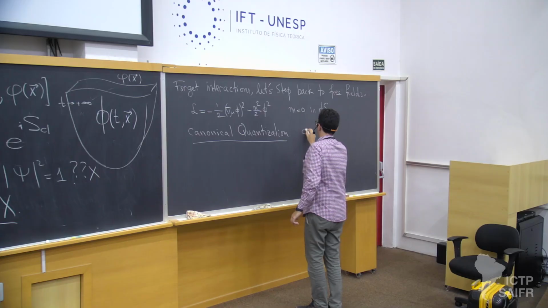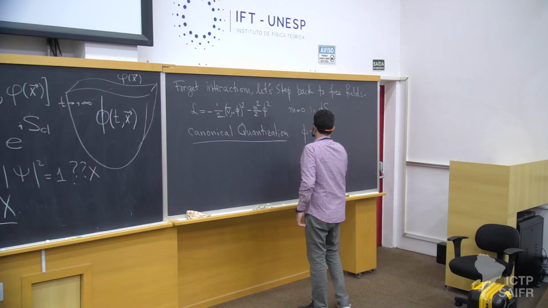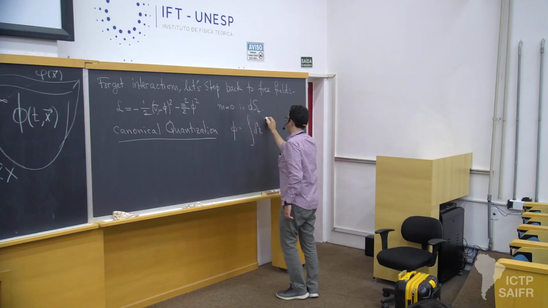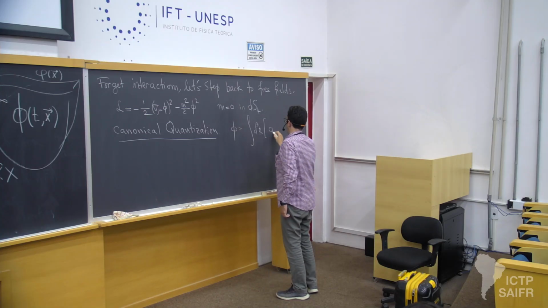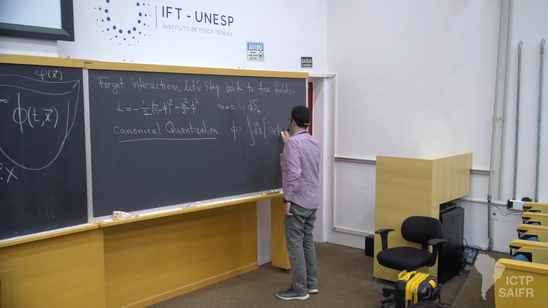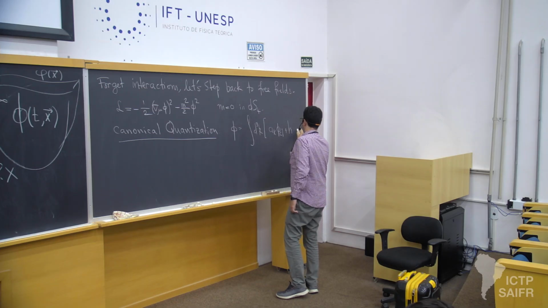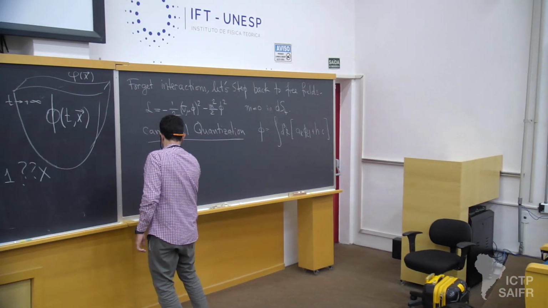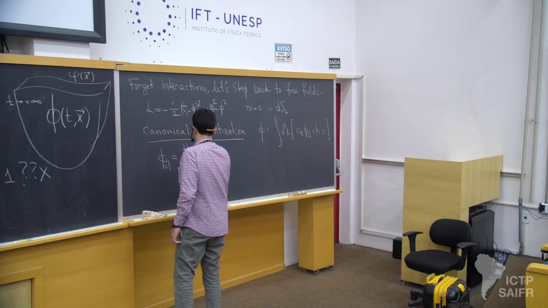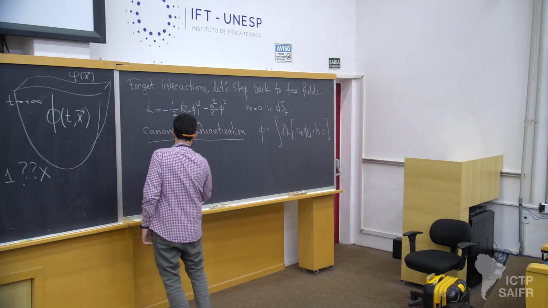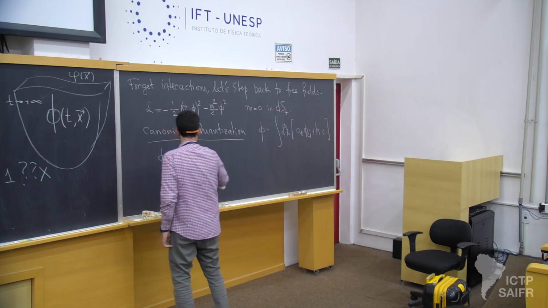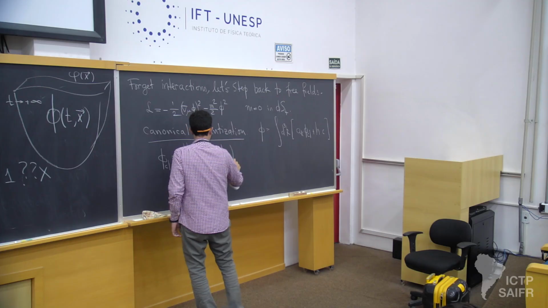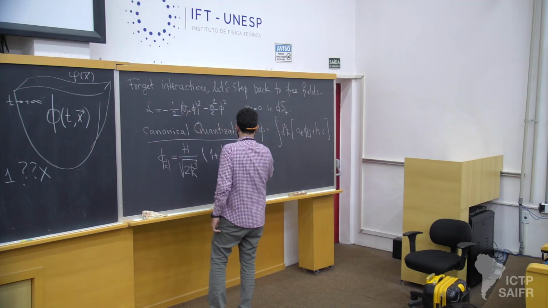You write phi as an integral over all the Fourier modes, d3k, of a_k phi classical plus Hermitian conjugate, where phi classical is given by this: H over this, if you work on de Sitter, you know by heart, (1 plus ik eta) e to the minus ik eta.